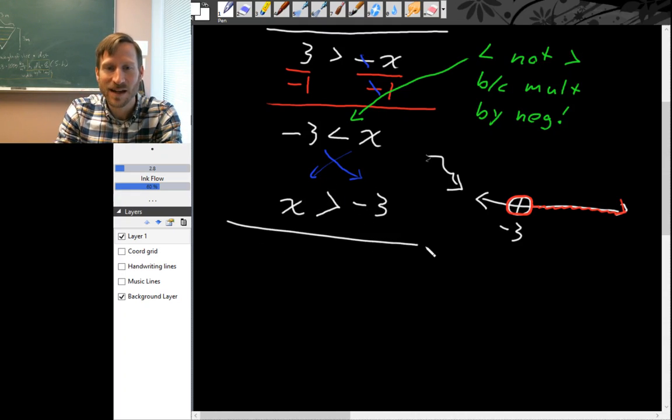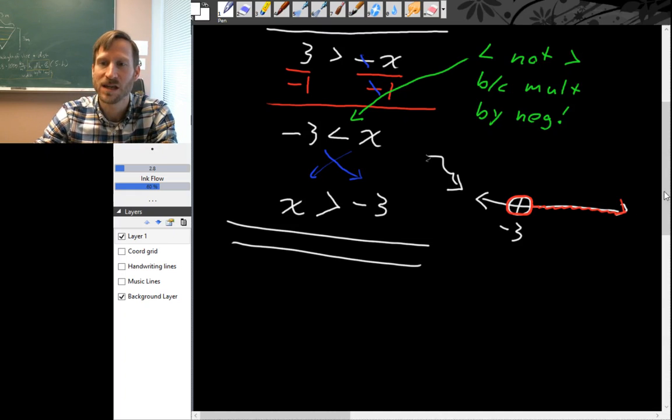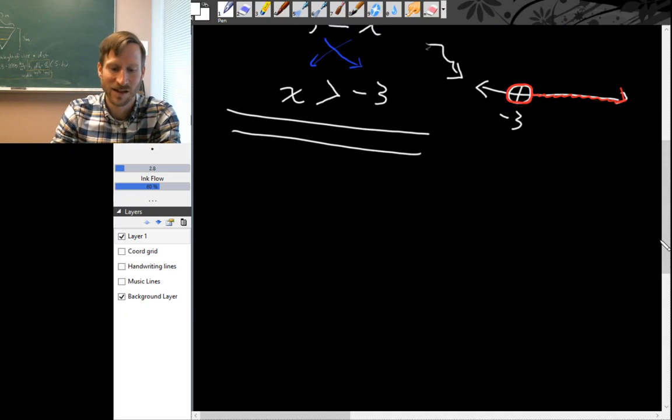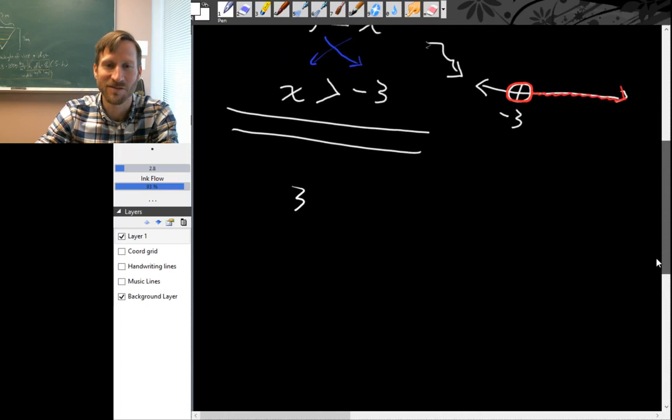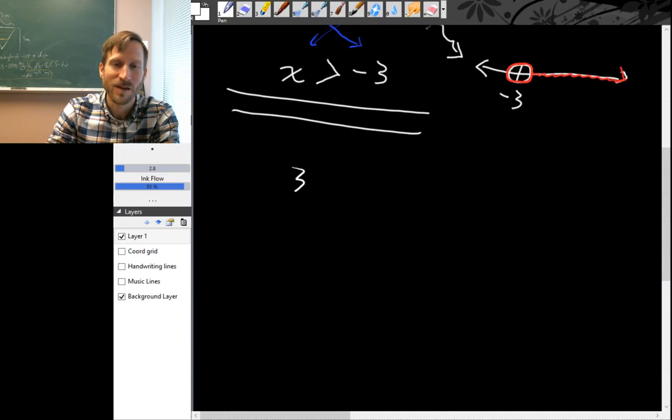The mistake that I was seeing on the test looks like this. If we back up a couple steps, we had 3 greater than negative x.